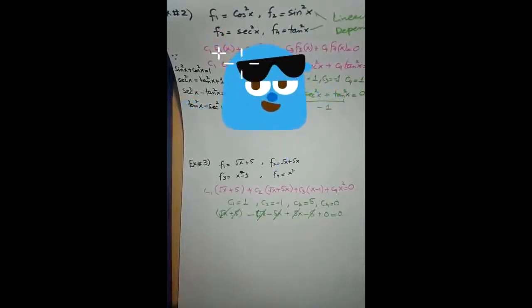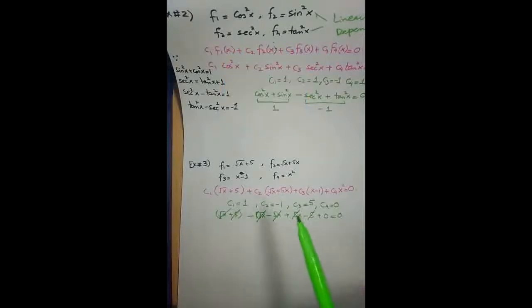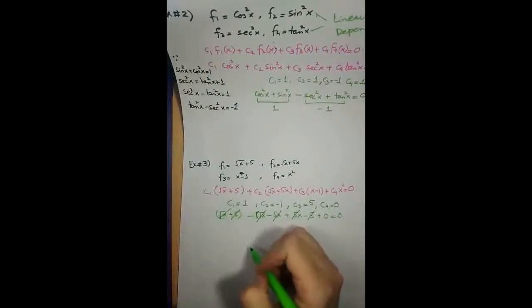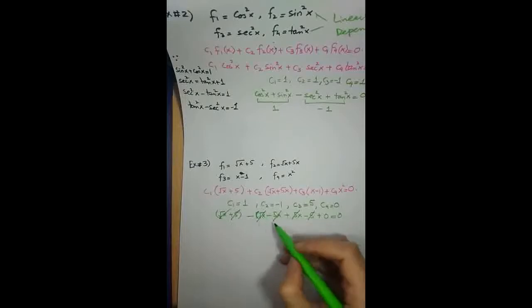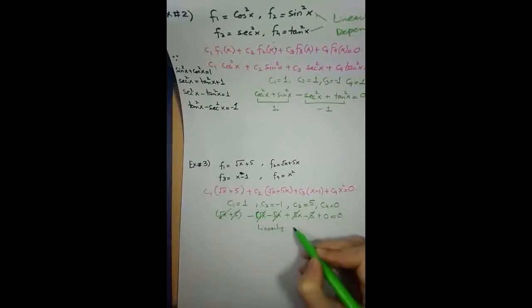Yay! This combination is equal to 0. So my guess was right. But one thing, I still don't get all the c equal to 0. So it is not linearly independent. These functions are linearly dependent functions.